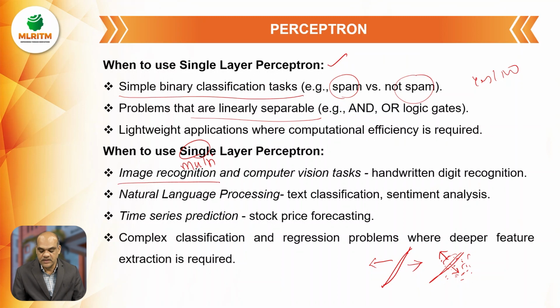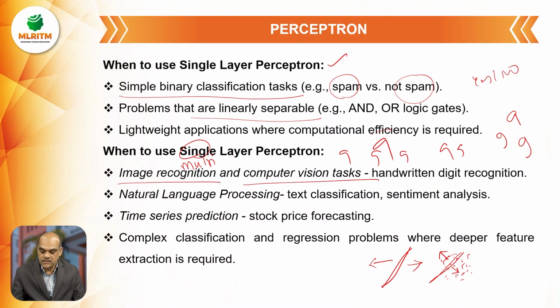In the case of image recognition and computer vision tasks like handwritten digits, for example, I am writing some digit here. Let us assume I am writing 9. Some people write like this, some people will write like this, some people will write like this. Different formats we can apply. Like this we can write.